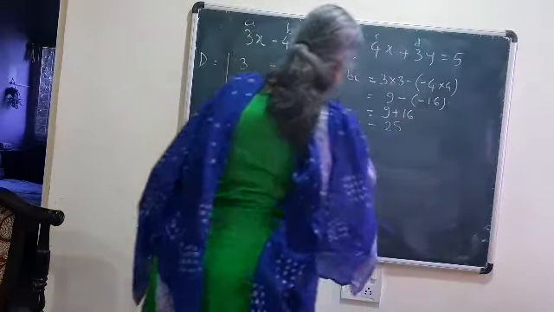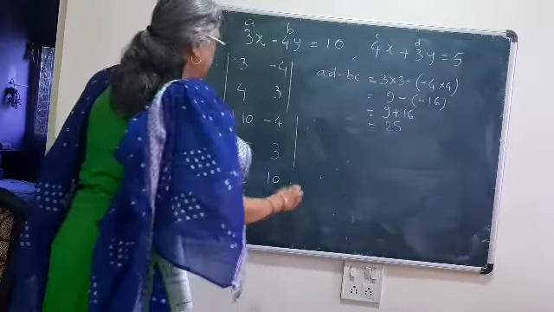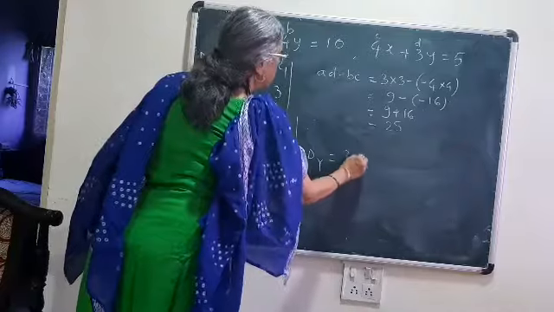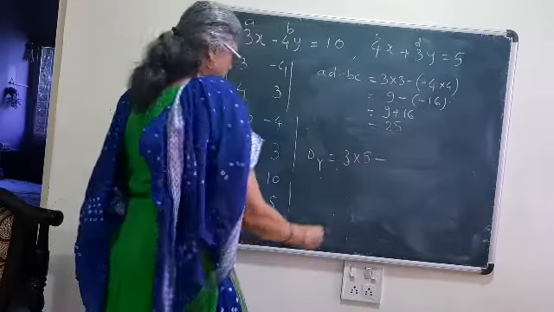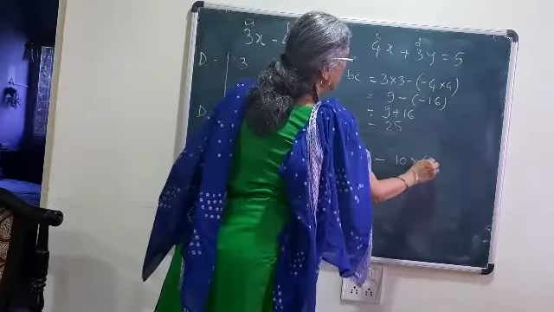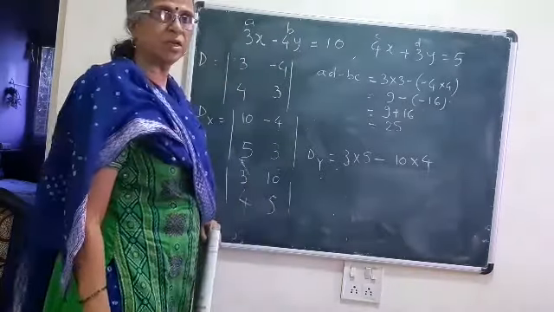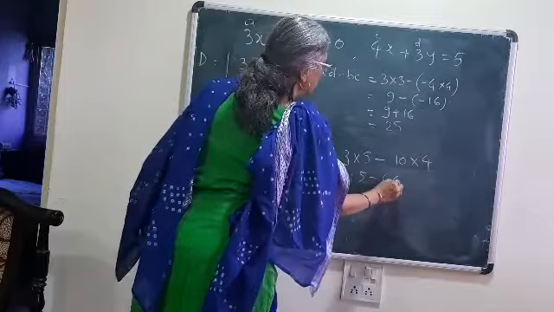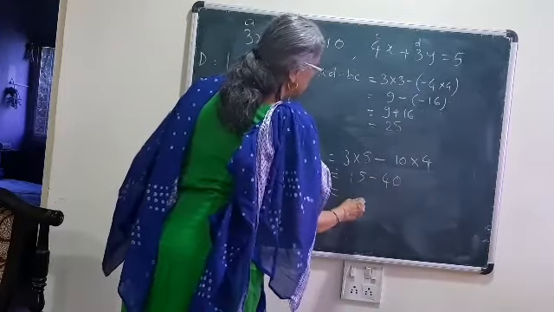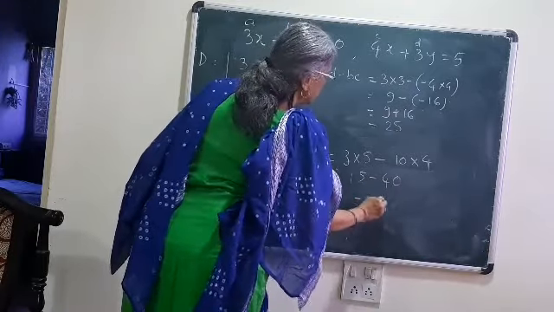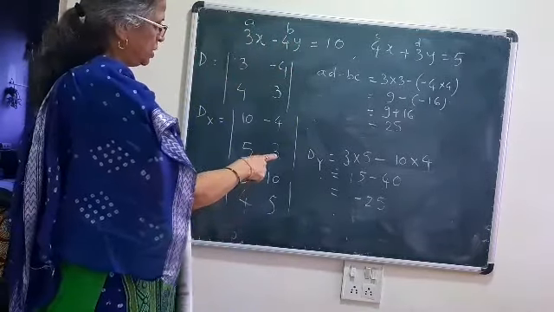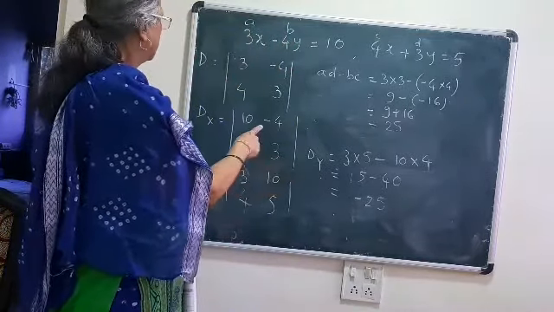Dy will be 3 into 5 minus 10 into 4. So that will be 15 minus 40. So it will be 25 minus, with the bigger number's sign. So Dy is minus 25.